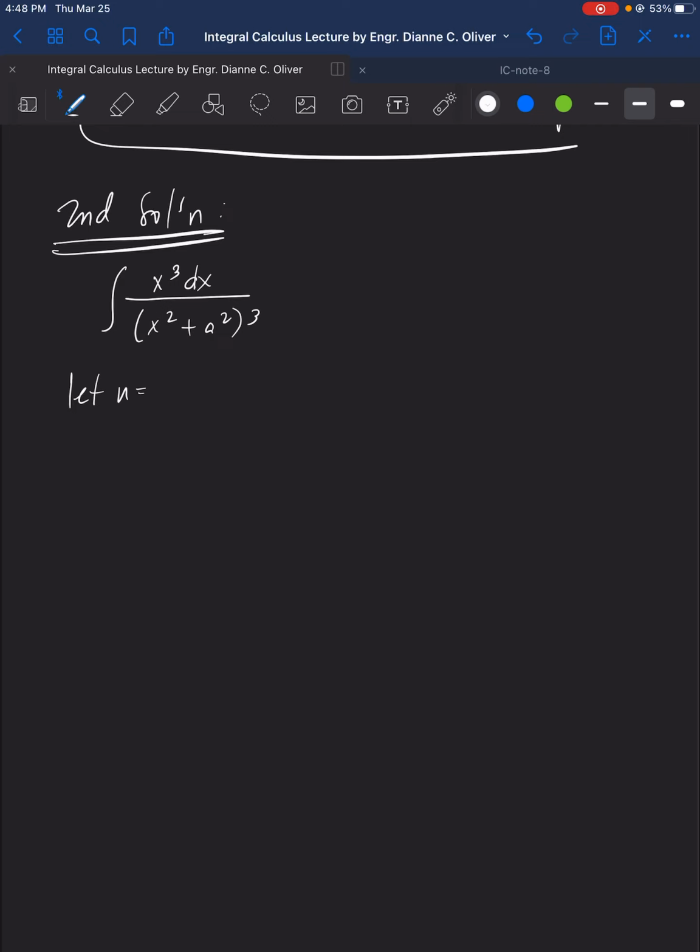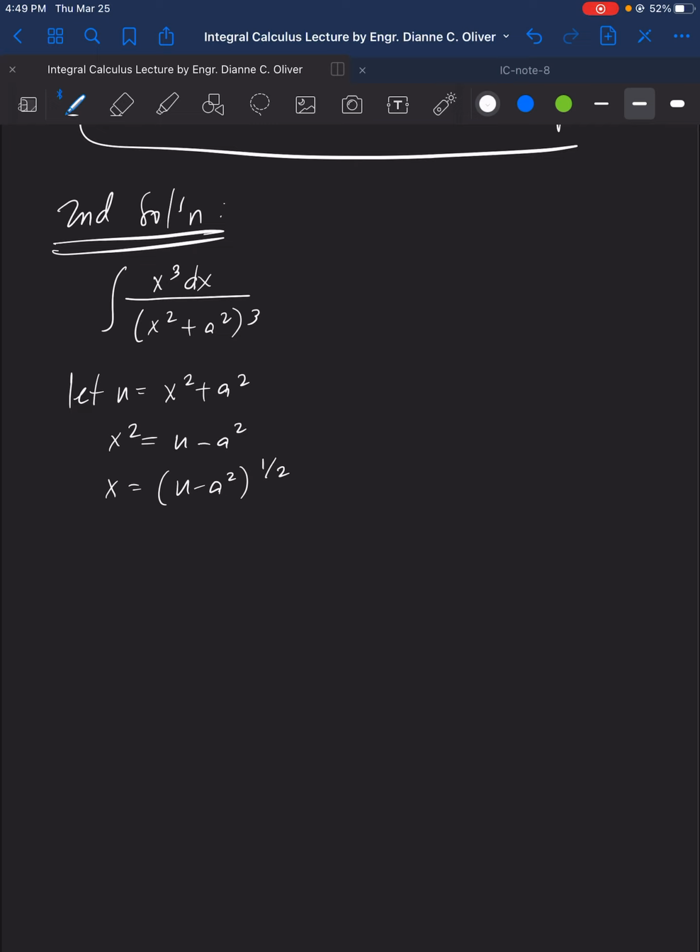So what if I put u here as the x squared plus a squared in that equation? So let's see. What we have here is x squared is equal to u minus a squared. So there's no square for u there.